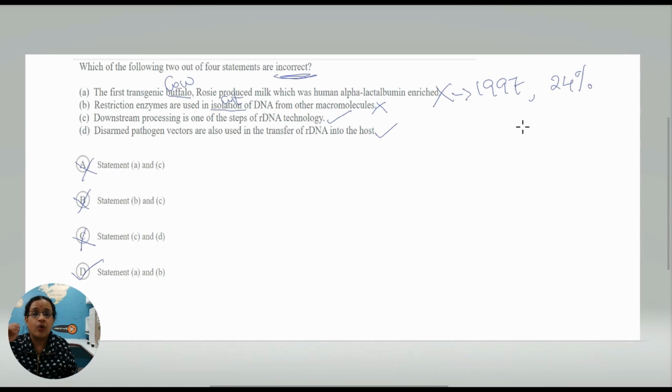Now this was special because the milk which Rosie produced was nutritionally more enriched than that of other cows. So it made it easier for humans to consume the milk produced by Rosie. So now let's see how it was produced.